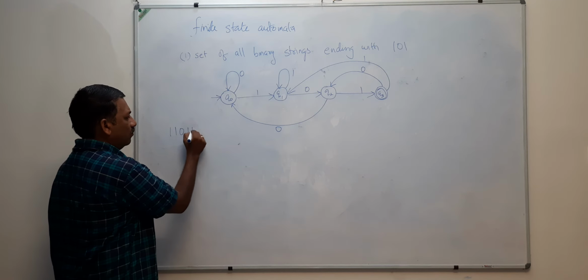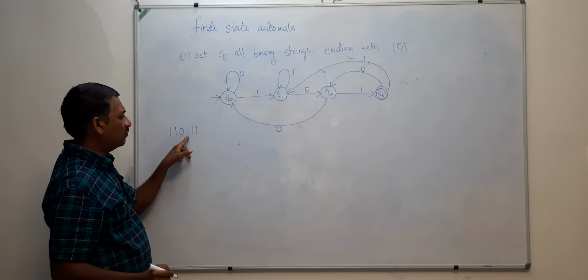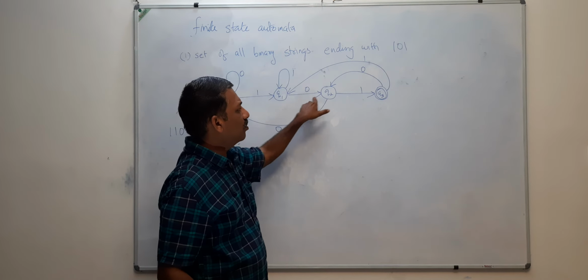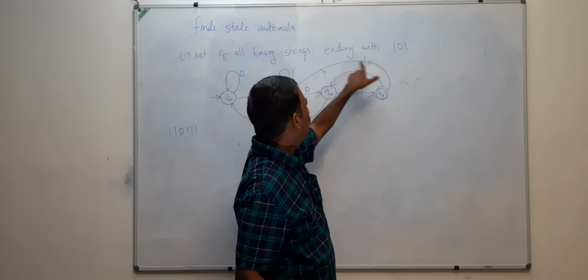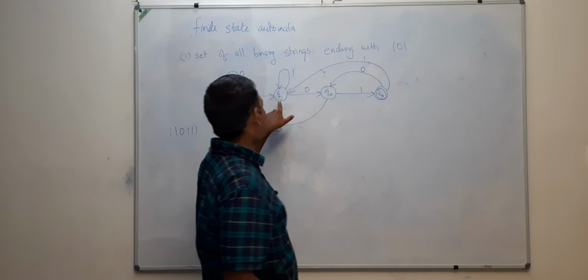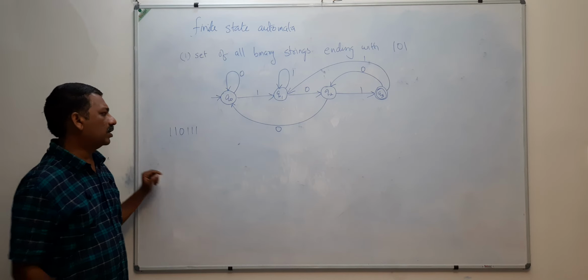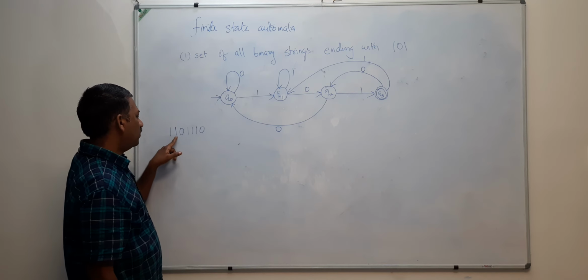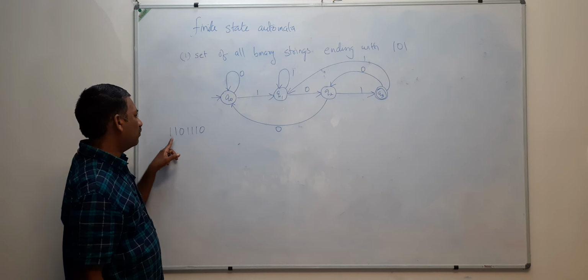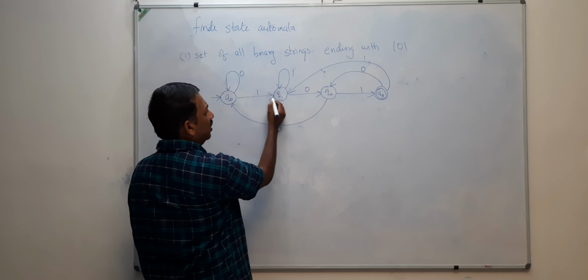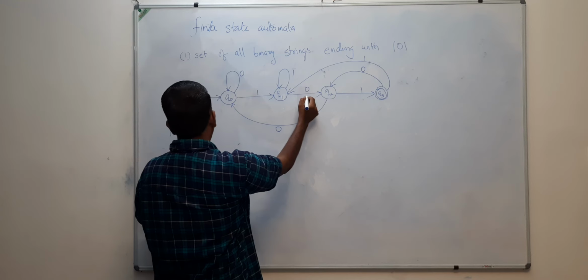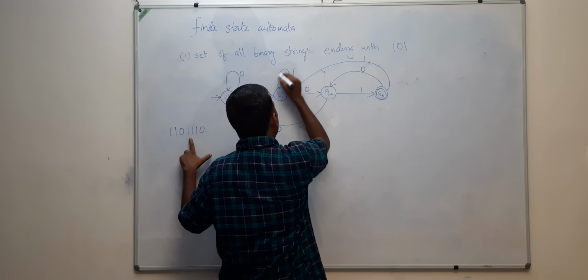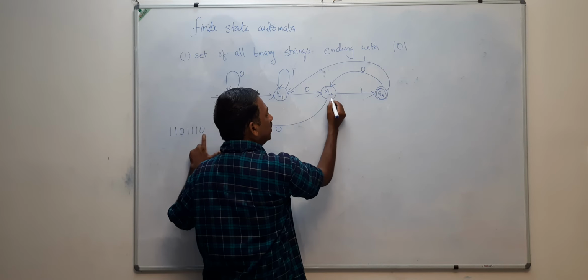What about 110? It will reach only Q1. For the next zero, what will happen? 1110, 111, for the next zero it reaches here only.